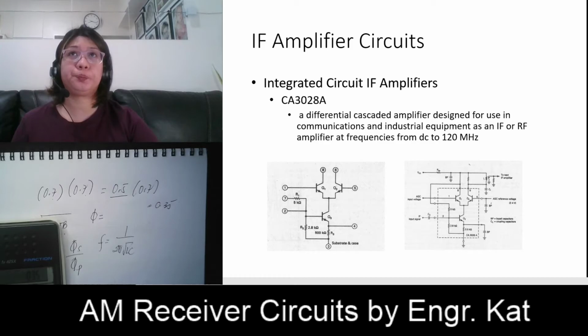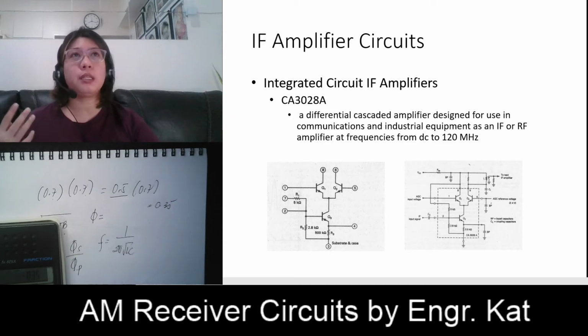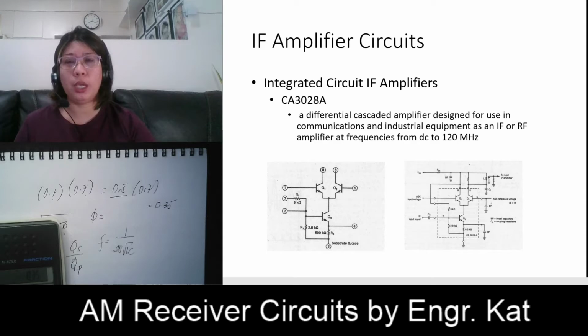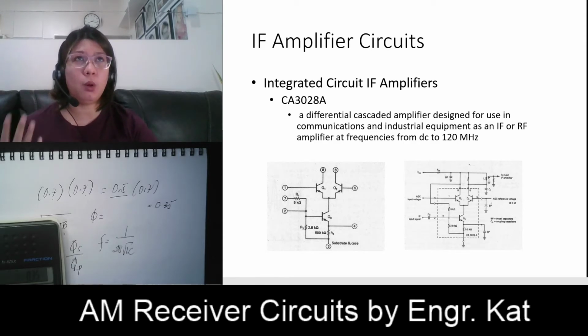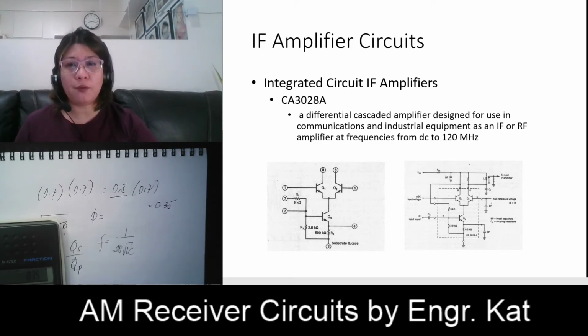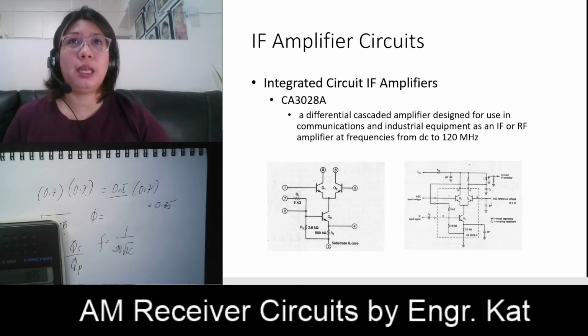This type of integrated circuit IF amplifier has found universal acceptance in mobile radio systems such as two-way radio. Of course, it has the advantages of being smaller in size and having low power consumption. Here is the schematic diagram, and as you can see, you have a cascode amplifier configuration inside the integrated circuit.